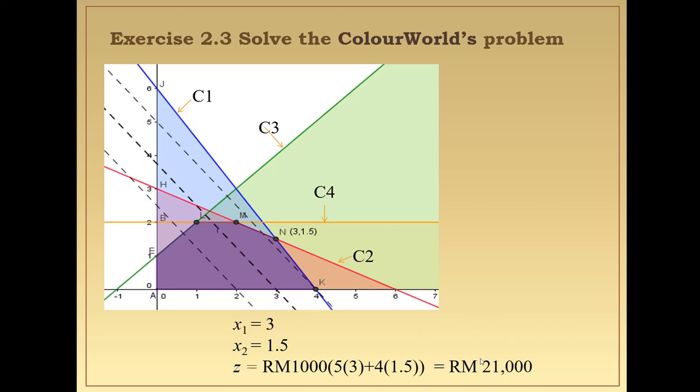Therefore, the profit of the ColourWorld problem is 21,000 ringgit per day. So you know what it means: ColourWorld should produce 3 tons of exterior paint and 1.5 tons of interior paint per day to gain a profit of 21,000 ringgit.